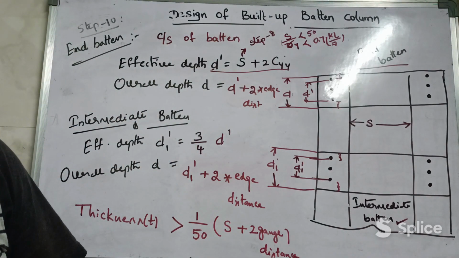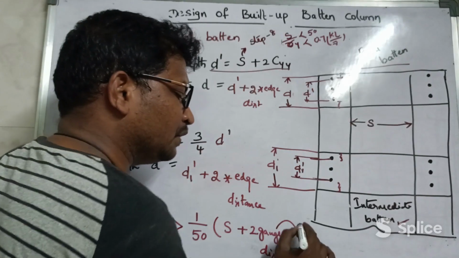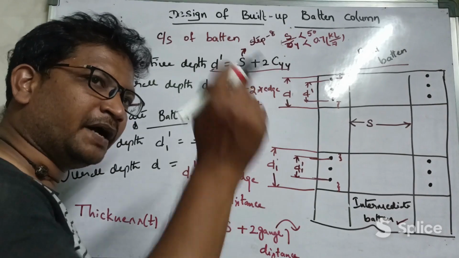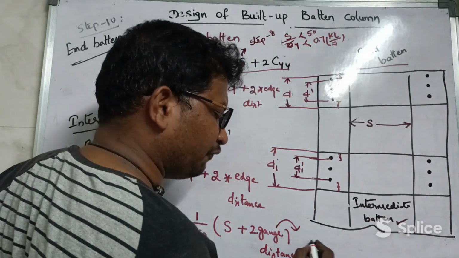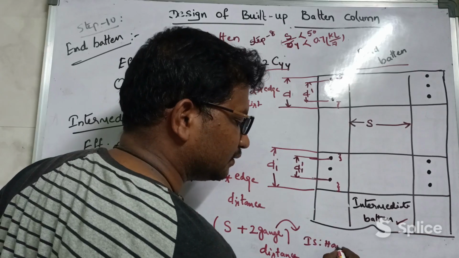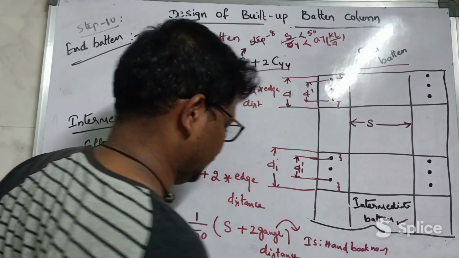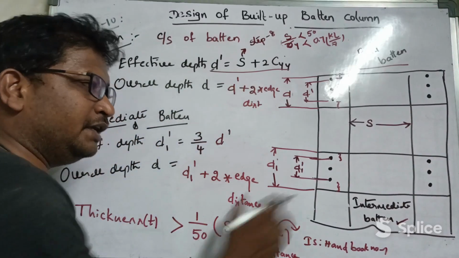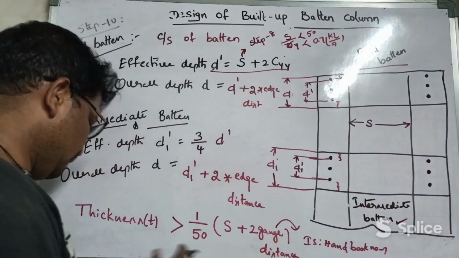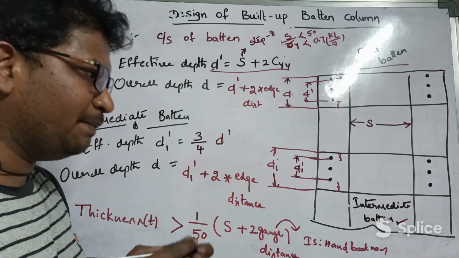This gauge distance can be obtained from the properties of that particular section selected from IS handbook number 1. We know this S value already, the spacing between two sections. Okay, like this we can compute the thickness of the batten.